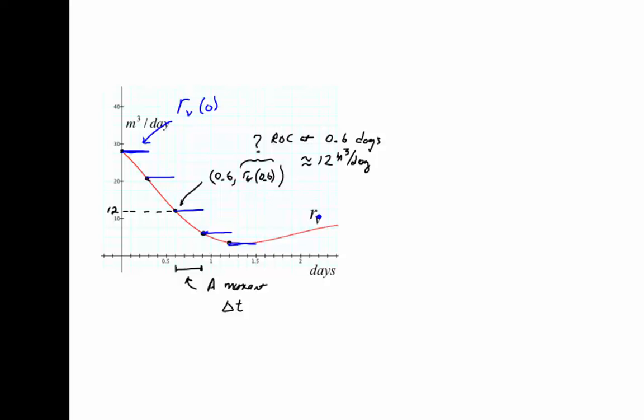But if we only could deal with constant rates and we needed to simulate this red function, it's kind of like the best we could do. So it's like our pretend rate function. Or we also call it an approximate rate function.